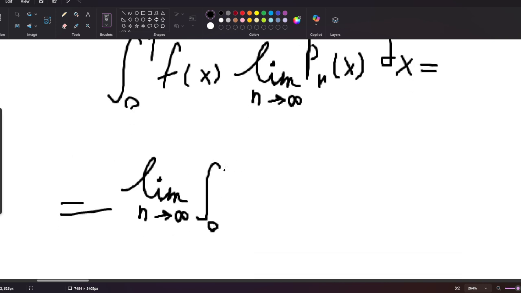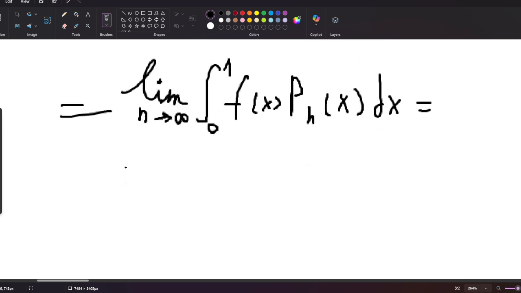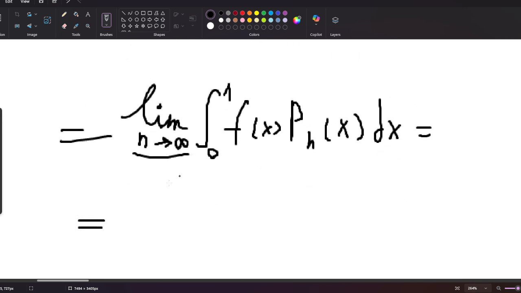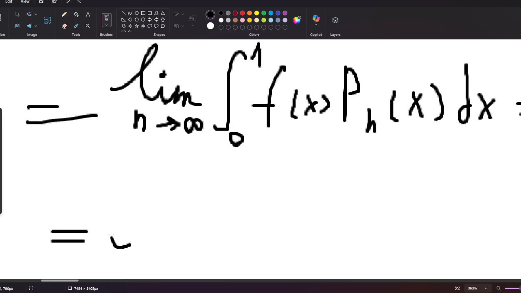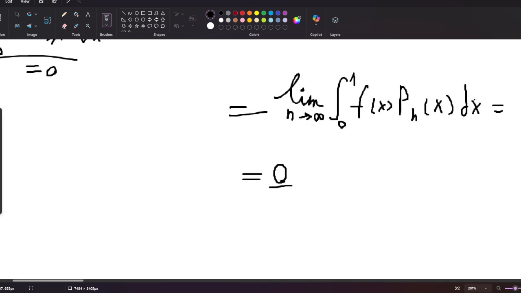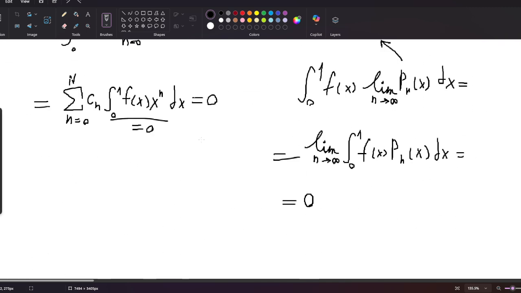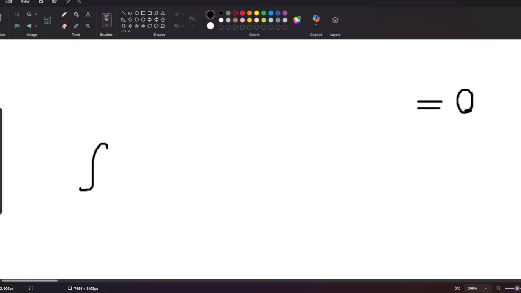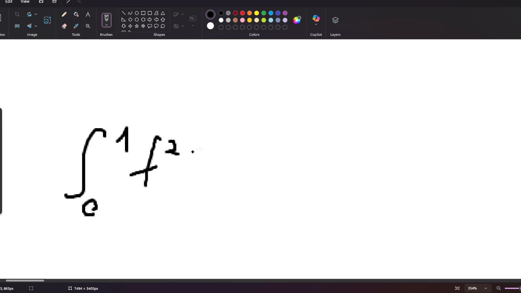So we integrate from 0 to 1 f of x times some polynomial Pn of x times dx, and we know that it's going to be 0, so we're just taking the limit as n approaches infinity of 0, which is equal to 0. And now, this implies that the integral from 0 to 1 of f squared of x is equal to 0.